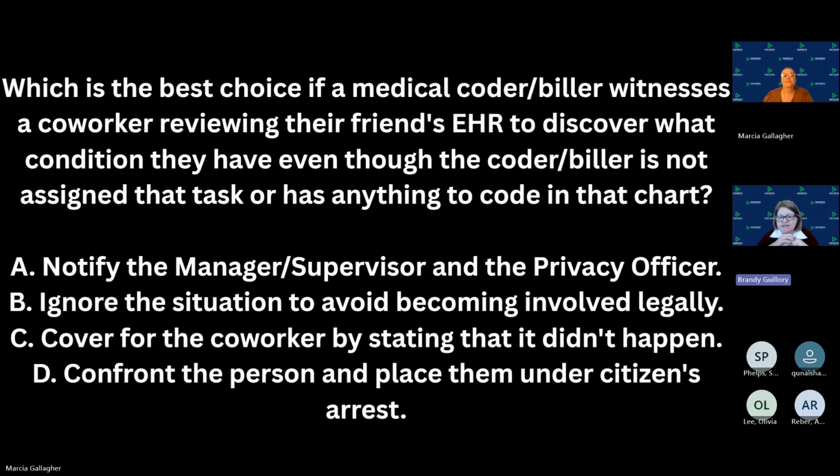And especially if it's somebody way outside, you don't know their job position, you don't know what their job responsibilities are. They may have accesses granted to them that you are not aware of. So these are all things you want to take into consideration.